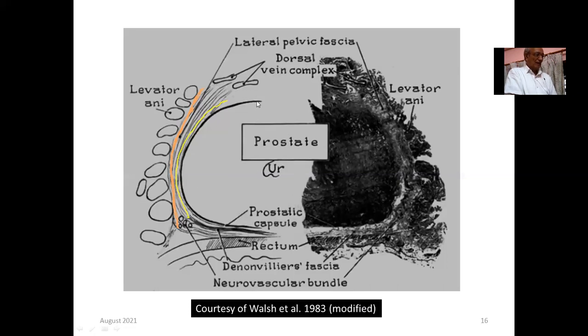Fine. This is the prostatic capsule. The black line, you can take it. And the other side is also available. And it must be tough to identify it. Outside that, you find the prostatic fascia.